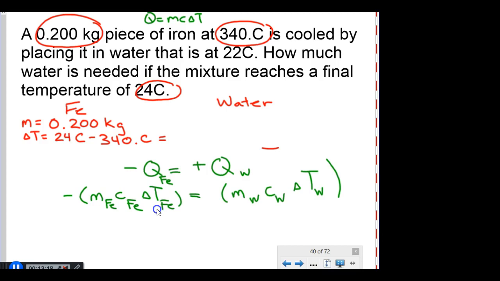So 24 degrees Celsius, that's the final temperature of the mixture, minus 340.0 degrees Celsius. Should get negative 316. Excellent.